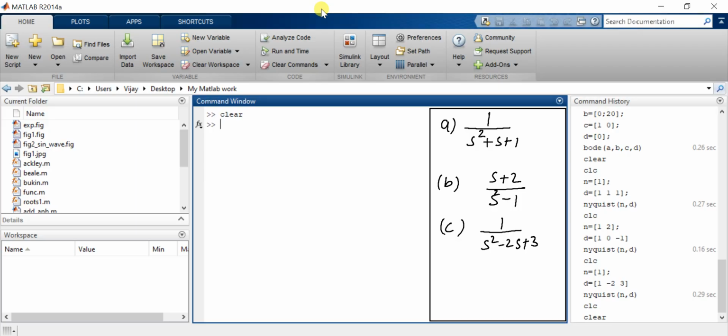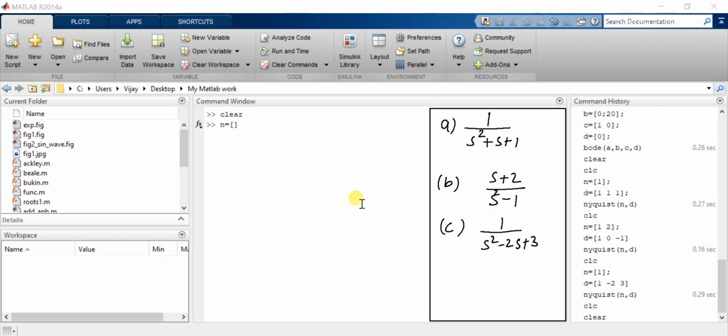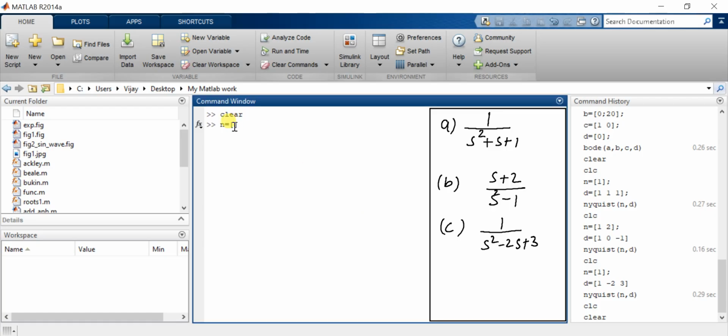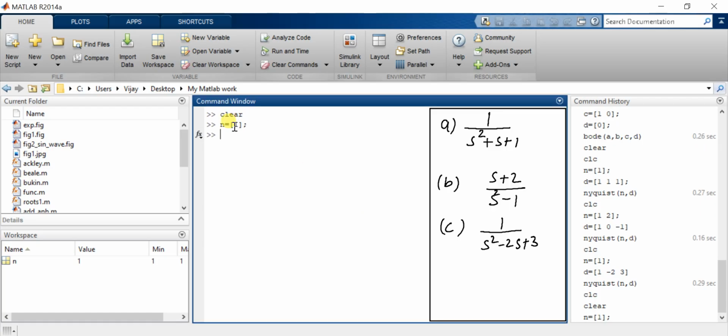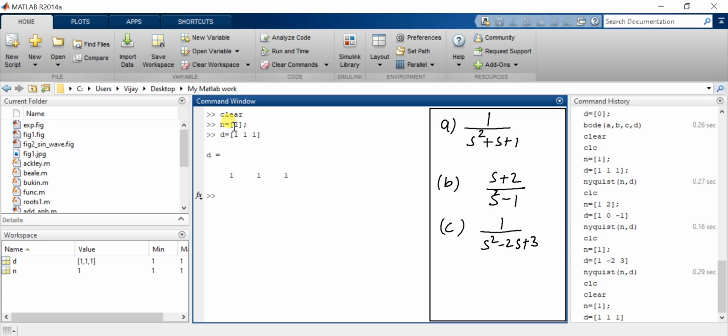For the first system, we have defined n equal to 1 and d equal to 1, 1 and 1. So we have a particular function, that is nichols, to draw the M and N circles, and we have to pass this function with n comma d.